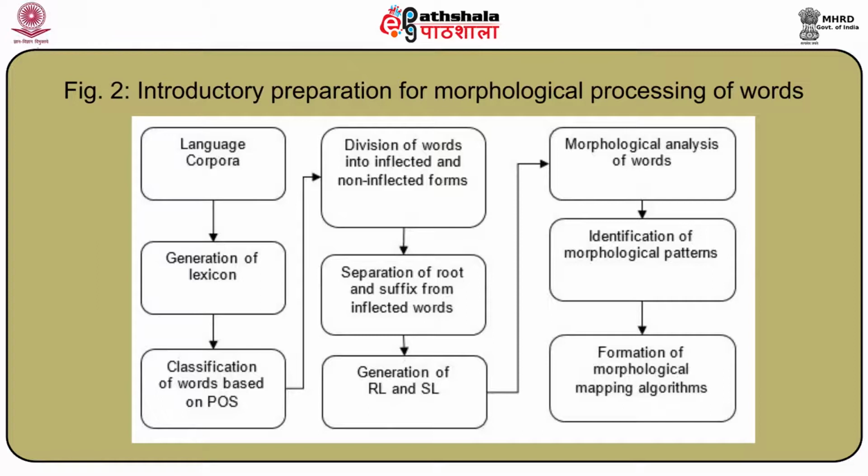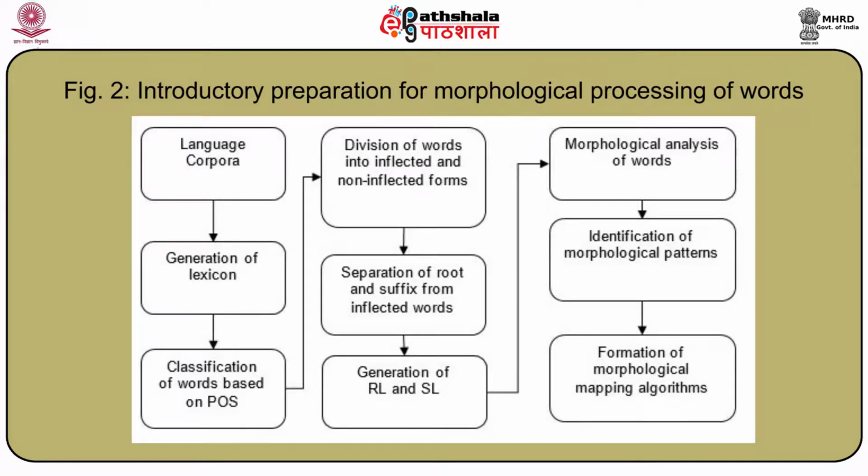All types of words, inflected, non-inflected, and compounded, are compiled from corpora and sorted in alphabetical order to generate a list of lexemes or lexicon, where all repetitive forms are allowed to have only a single entry by a process of tokenization.